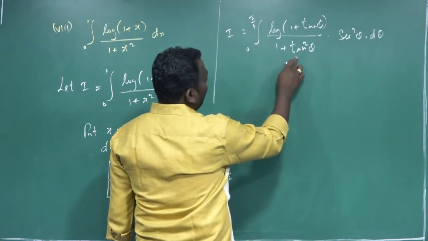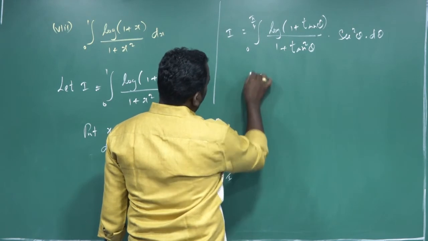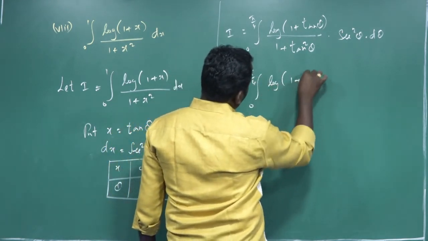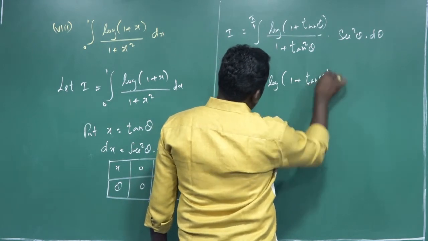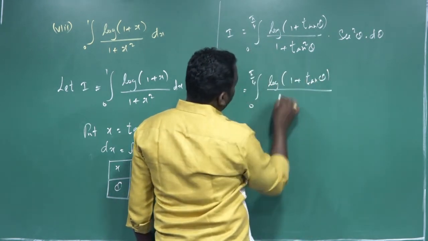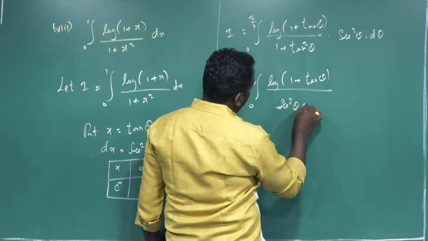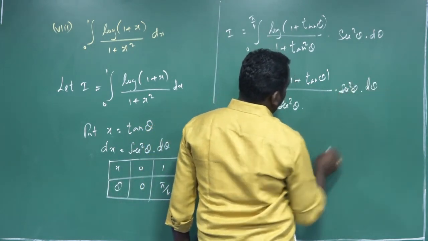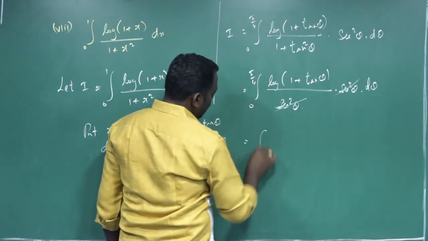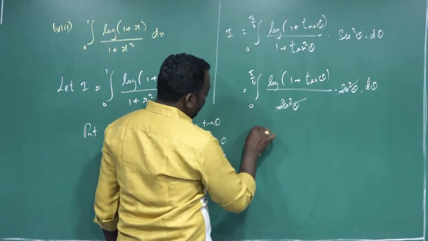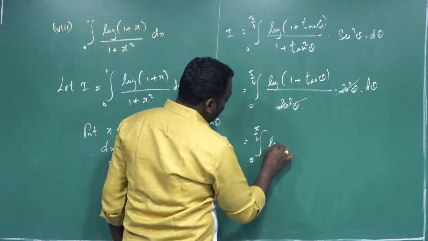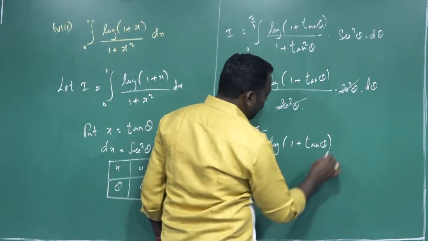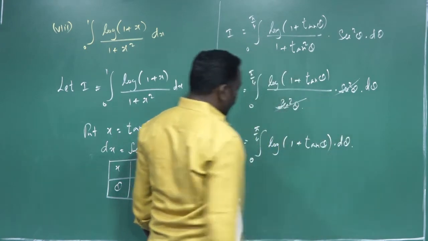Now 1 plus tan square equal to secant square, therefore integral 0 to pi by 4 log of 1 plus tan theta by secant square theta into secant square theta into d theta. Now secant square cancels. Integral 0 to pi by 4 log of 1 plus tan theta into d theta remaining.